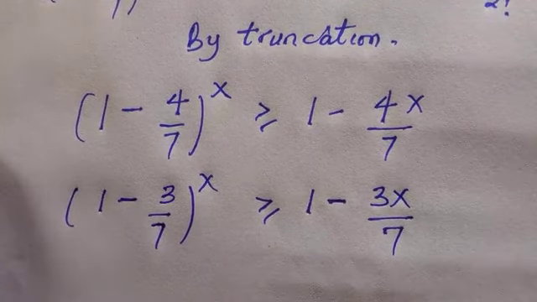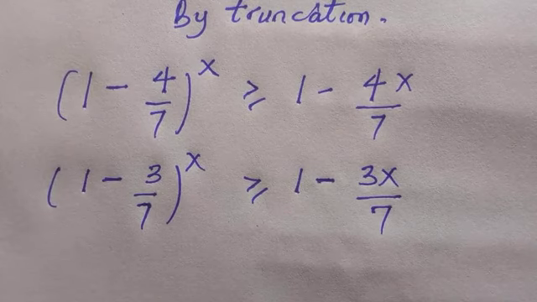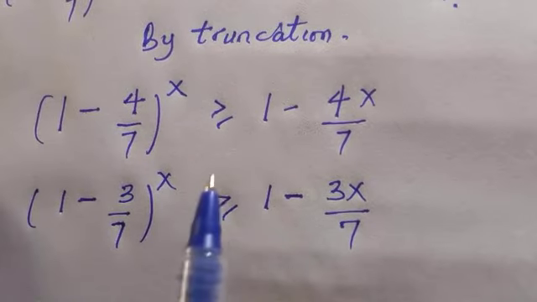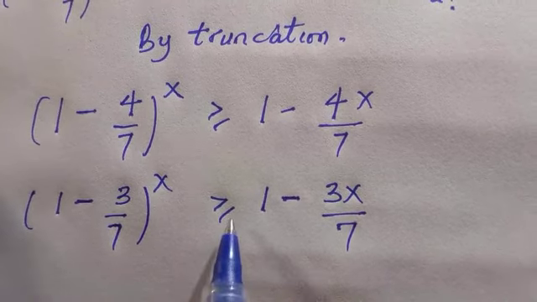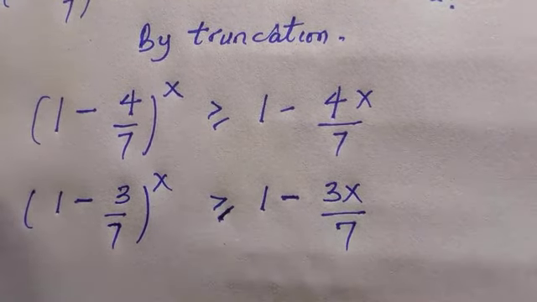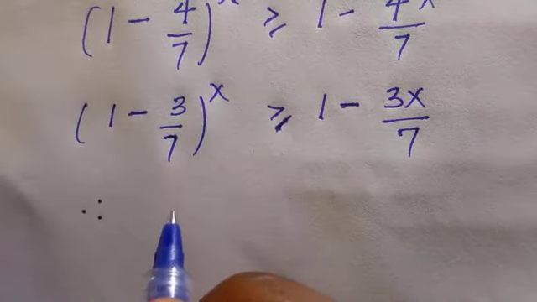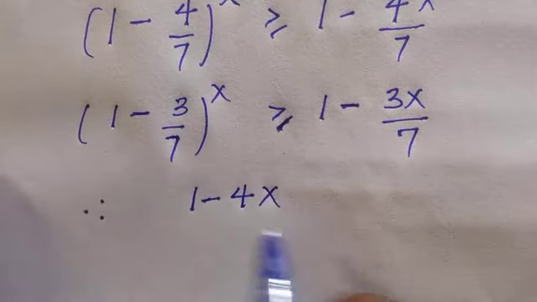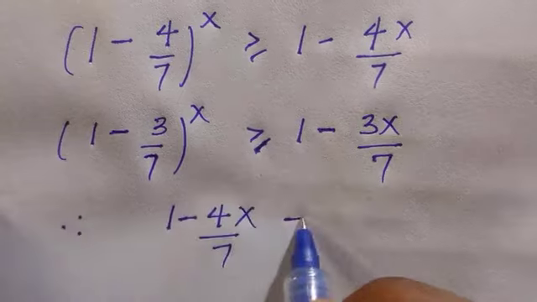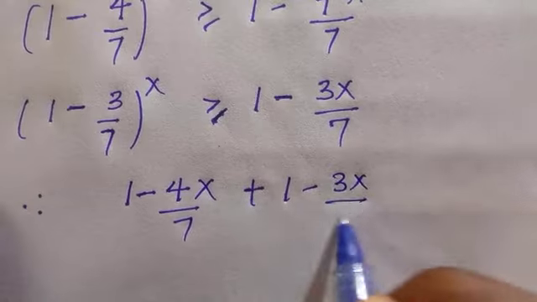Now, going for the equality side by neglecting the greater than, suppose we limit ourselves to x equals 1, which means we add 1 minus 4x over 7 plus 1 minus 3x over 7, based on what we have above.